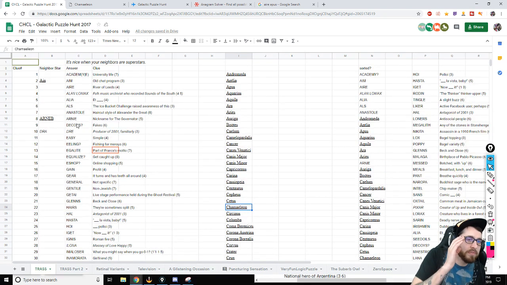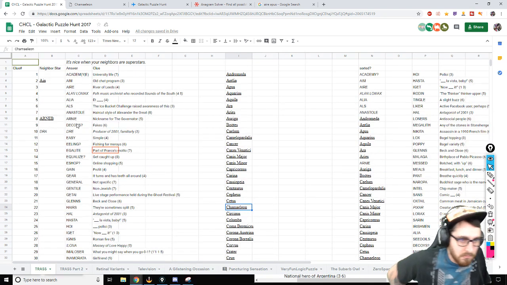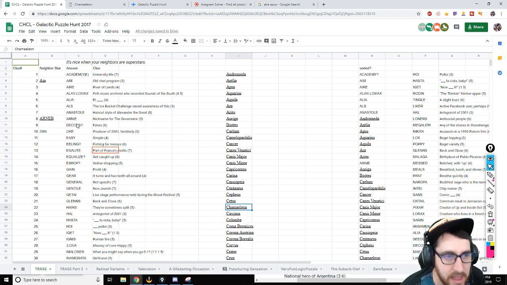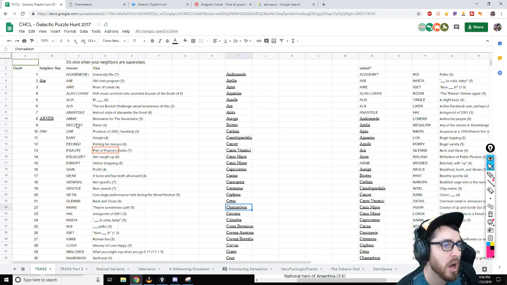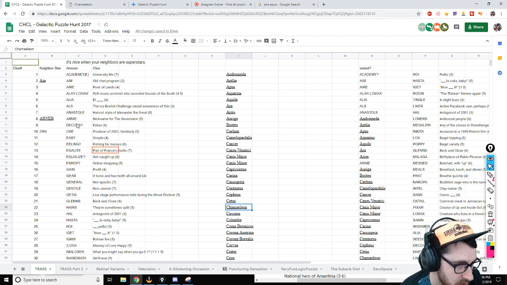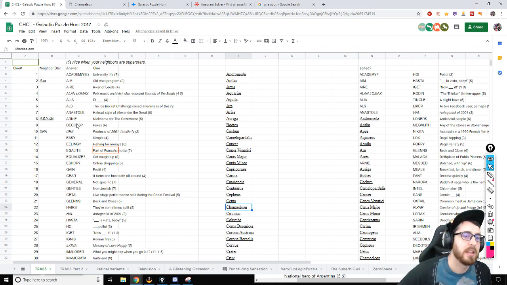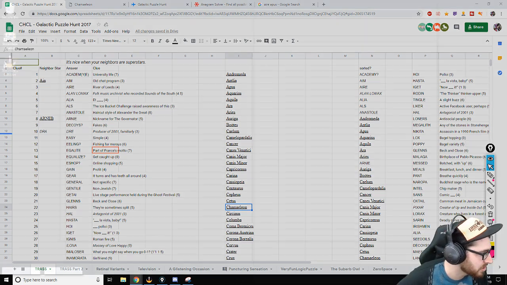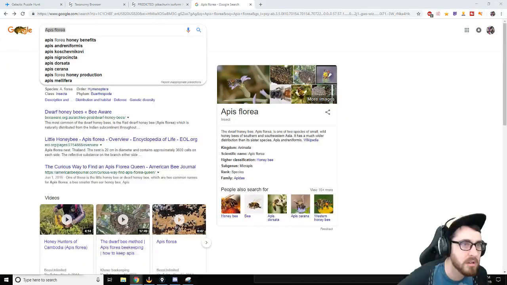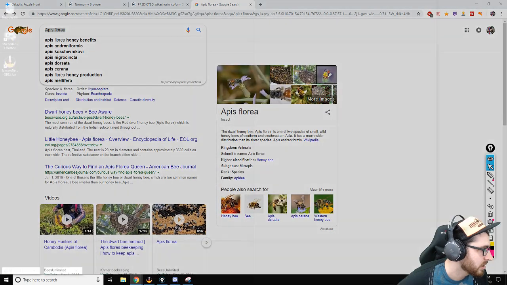All these clues seem so friggin' random. But there's something in them that we're supposed to see, look at, use, do something. Okay, so neighbors. It's nice when your neighbors are superstars. Neighbors. Nice. It's nice when your neighbors are superstars. Well, what if we look for this then? Wait, sorry.